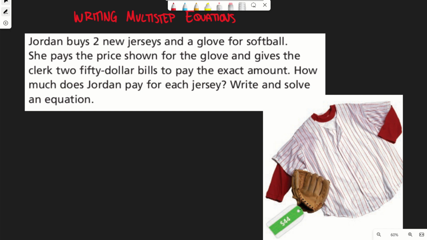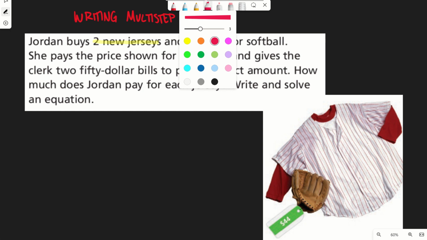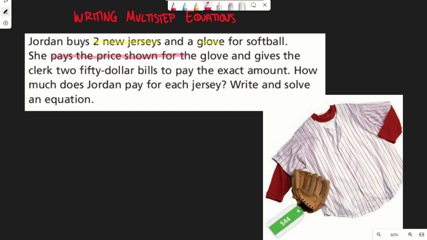Let's talk about things we know that are true in this word problem. So we know Jordan buys 2 jerseys and a glove. And we know that her glove, she pays the price shown for the glove. The price shown here is $44. So we know that the glove is $44.